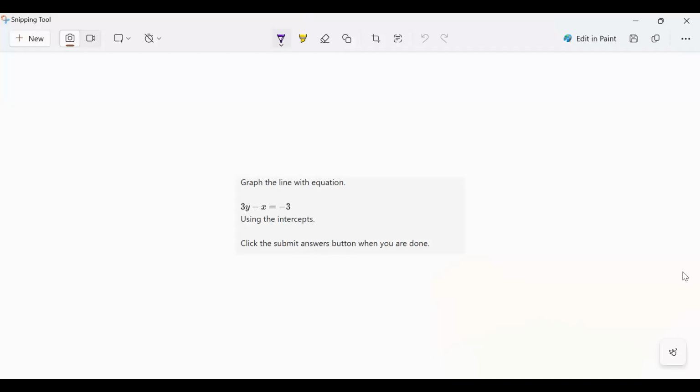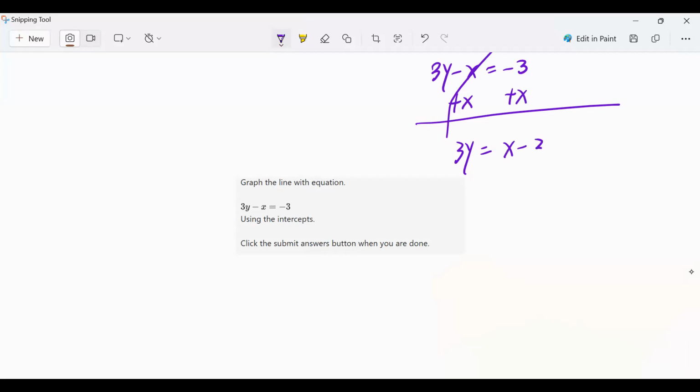One more time, we're going to get y by itself. 3y minus x equals 3. Add x to both sides of the equation, so we get 3y equals x plus 3. From there, we divide by 3 across the equation, and cancel the 3, so y is by itself. And here we get y equals 1/3 of x minus 1.